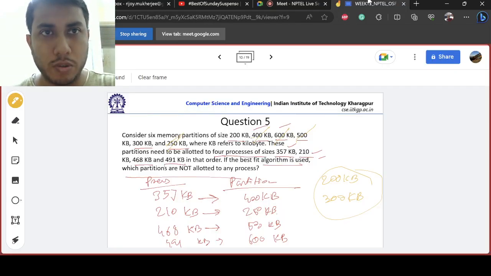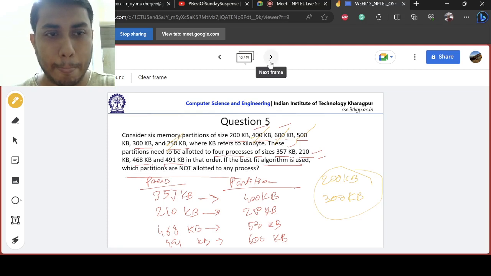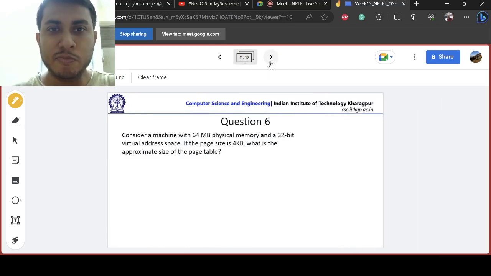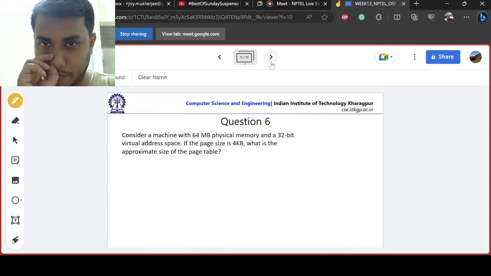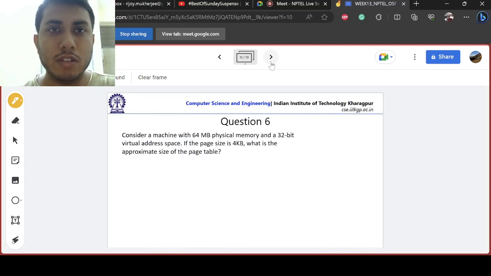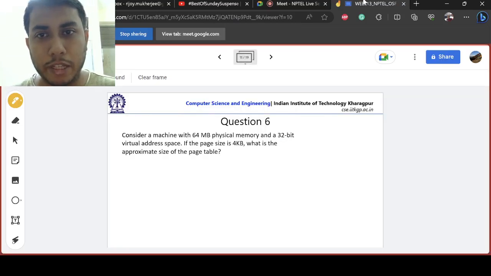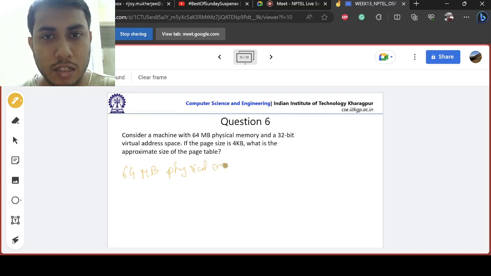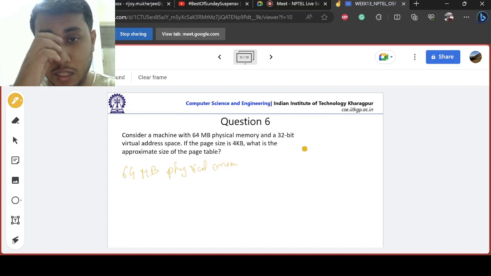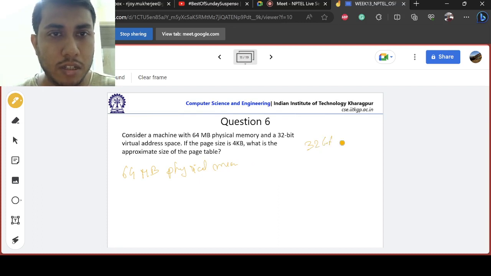Okay. So let's go to the next one. This is a very interesting problem, and it is quite commonly asked in many exams. So you have a machine which has 64 MB physical memory and a 32-bit virtual address.